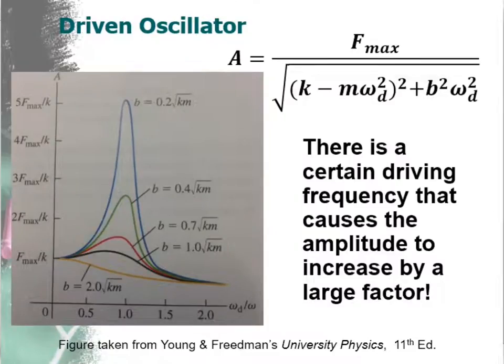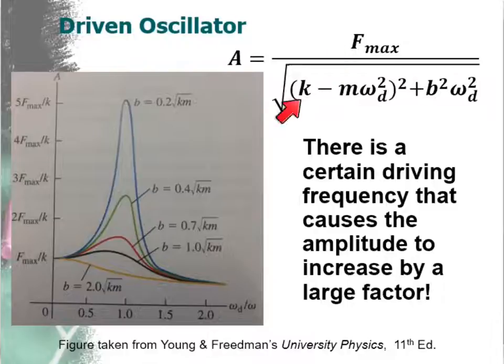Now, even though that's the case for frequency, that's not the case for amplitude. A driven oscillator has an amplitude that changes depending on several things about the system. First of all, it depends on the maximum amount of force that one applies to the system.